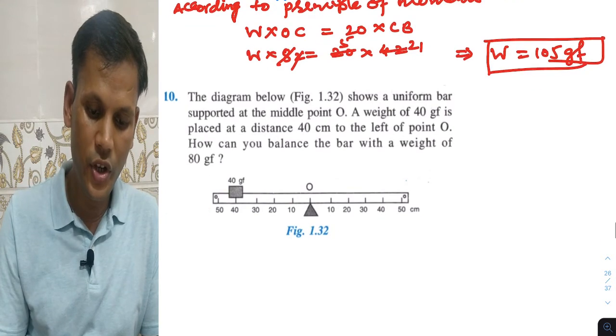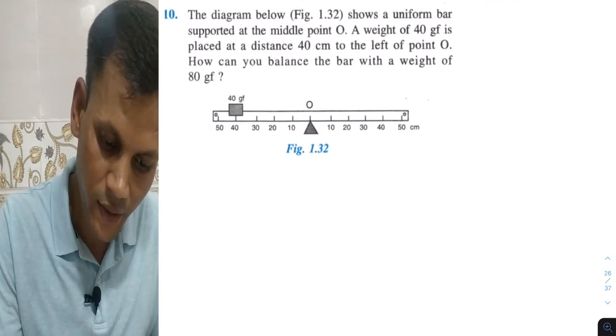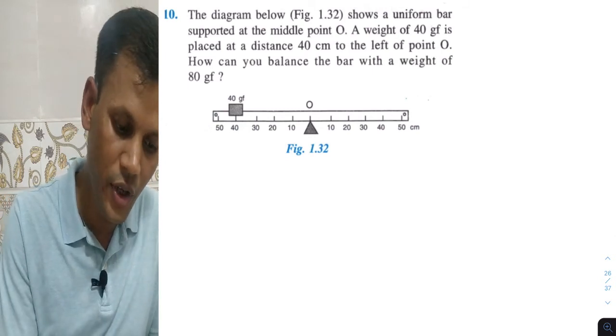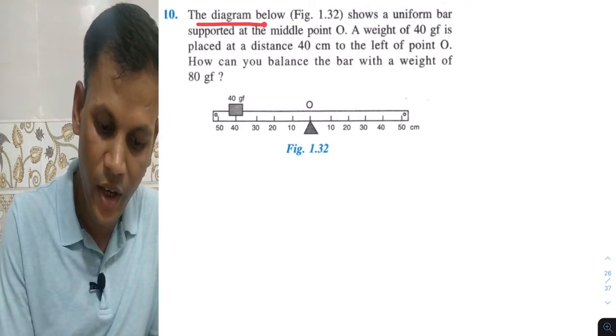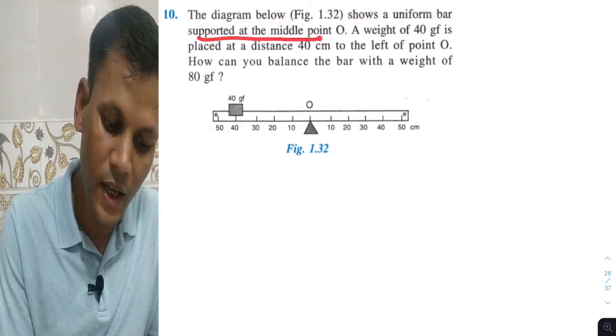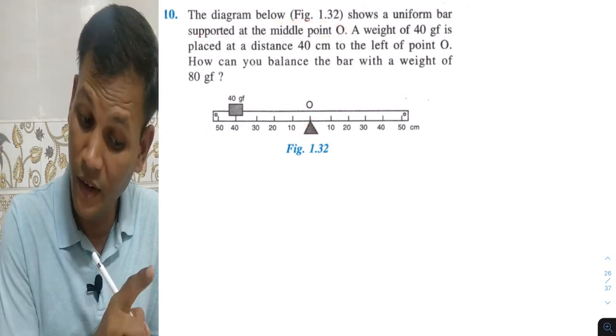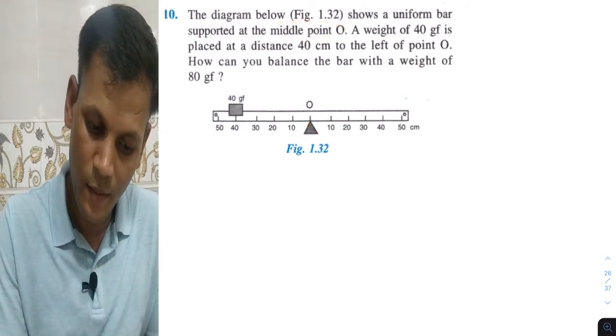Next is question number 10. Read the question carefully. The diagram below shows a uniform bar supported at the middle point O. Again, middle point O means that is the fulcrum or balancing point.